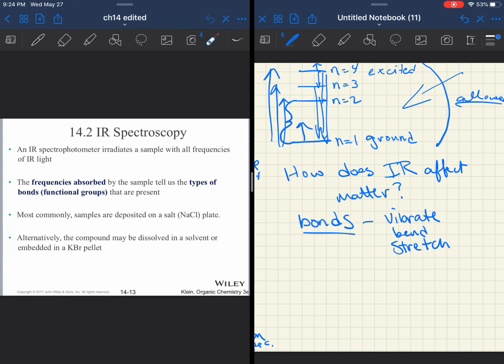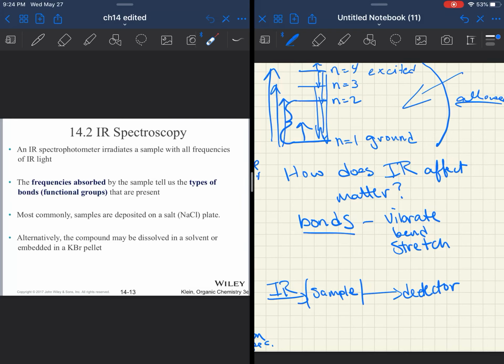The spectrometer itself irradiates your sample. It's a pretty easy setup. You have a sample that's prepared in some way, and you shine IR wavelengths through that sample, and then you catch it in a detector, right, to see which wavelengths were absorbed, which ones were transmitted.